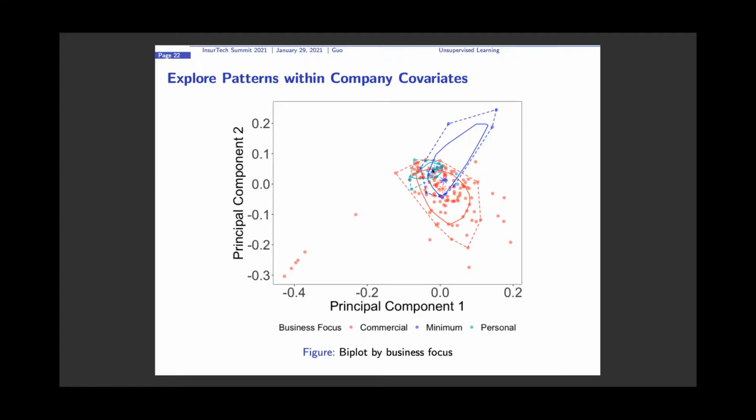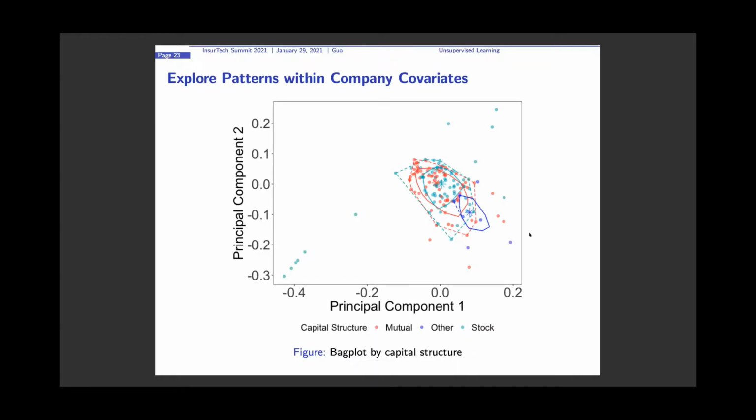So you can see they're situated in different parts of the plot compared with the companies labeled as commercial. So they have a lower PC2 score, higher PC1 score. That may suggest their incremental loss ratio level is slightly higher compared to the company with the personal focus.